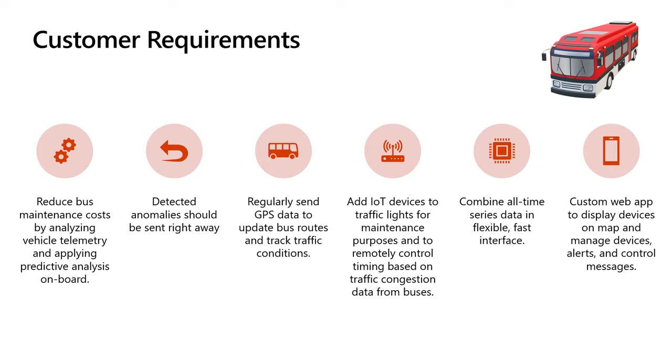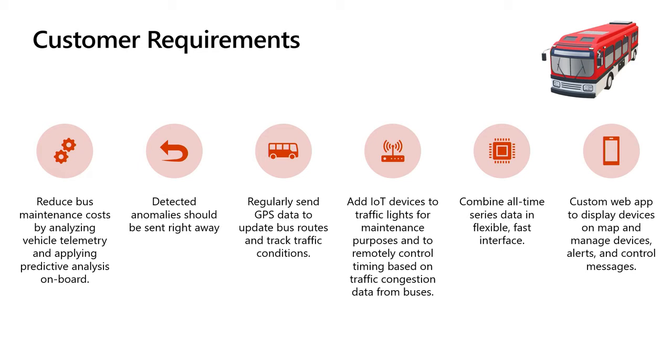In a solution like this, yes, you are using IoT edge devices, but you are not always connected to the internet. That means the algorithm or the machine learning model you use should be able to be deployed on an edge device. That's their first requirement.